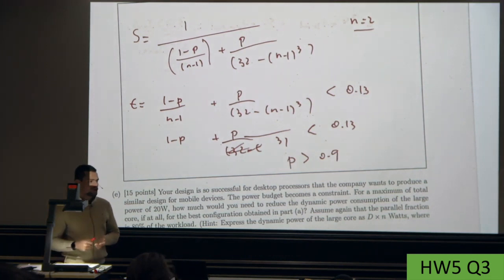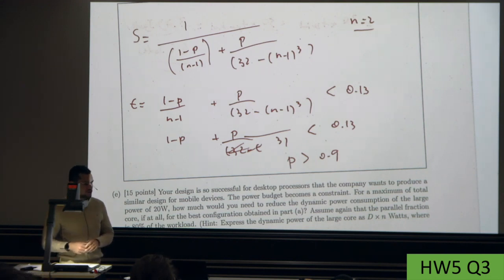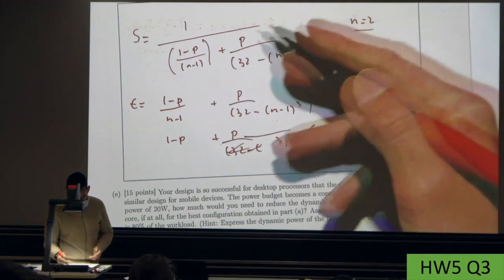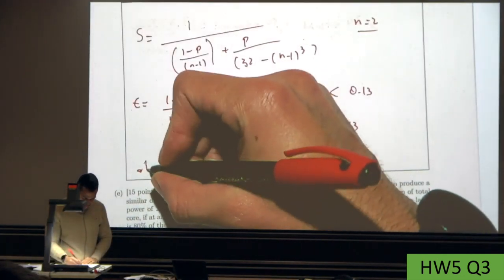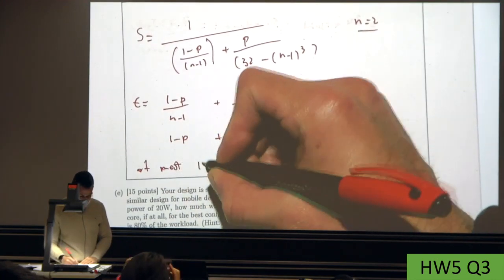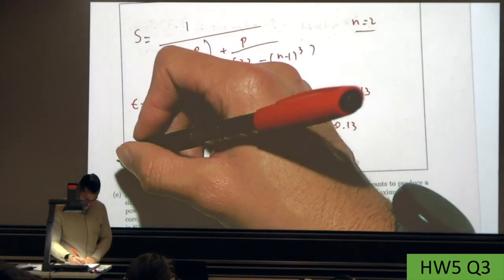So the parallel portion should be larger than 90% of the execution time if you still want to have performance improvements. But he is asking about the serial portion. So the serial portion can be at most 10%, right? It is 1 minus 0.9.